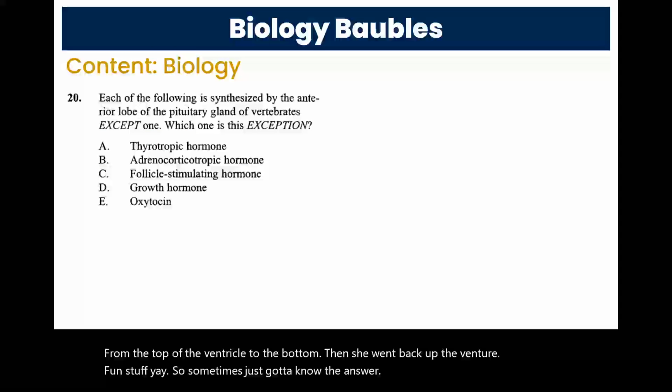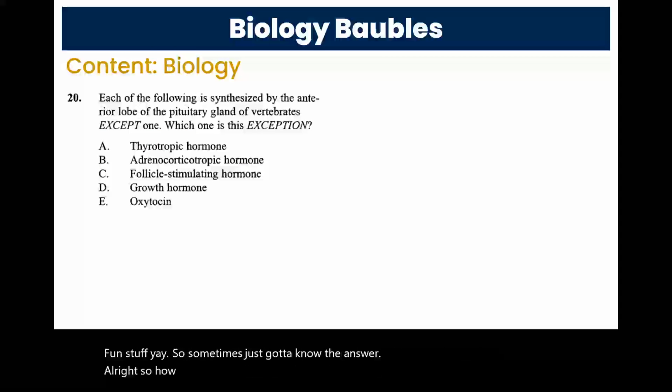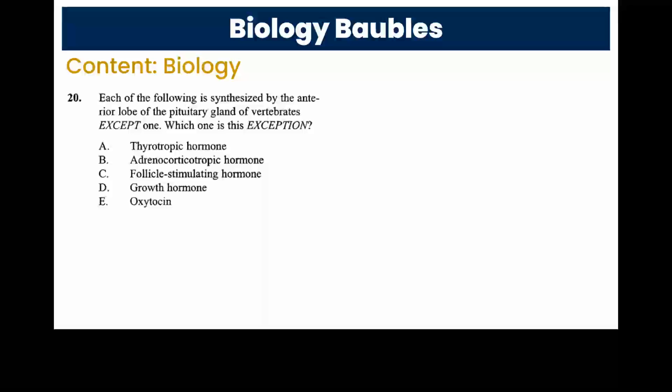All right. So how do you guys want to approach this one? Yeah, let's do this from true or false. Let's note and just cross out the except part and answer the question.